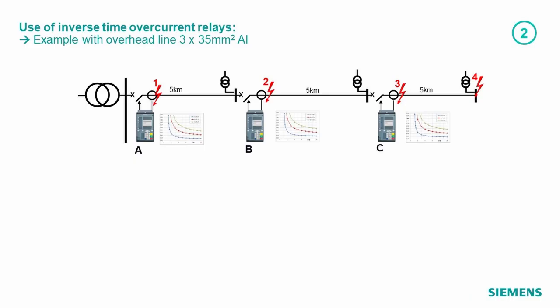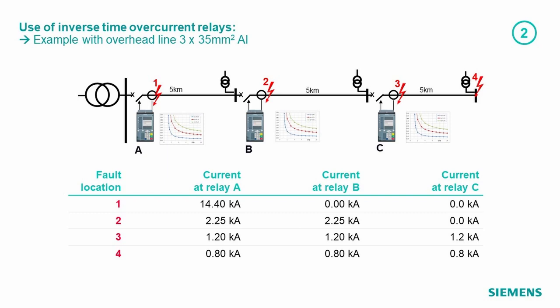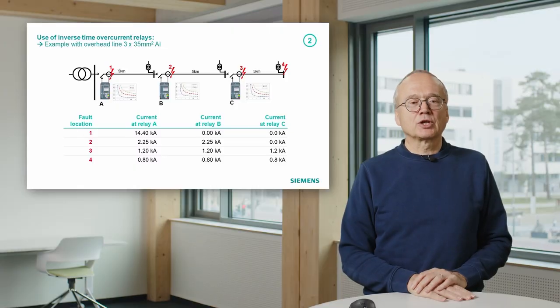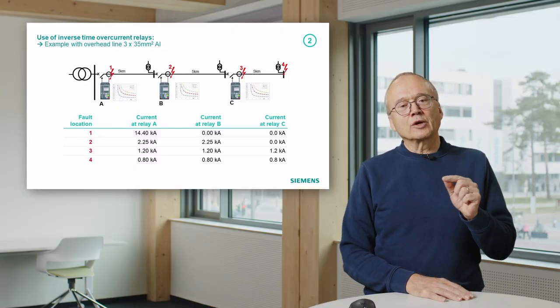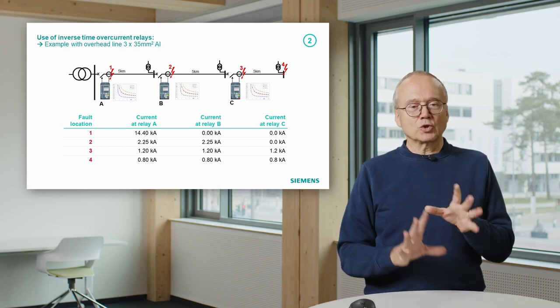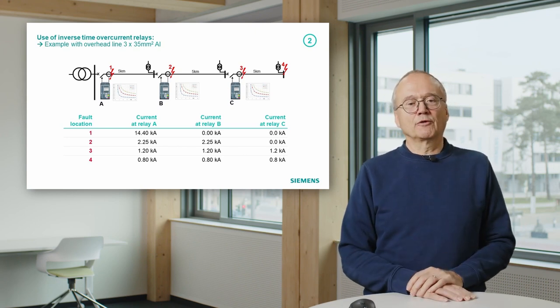You see here again a feeder, in this case with 3 overhead lines. In this case it is really overhead lines. I did a calculation with 5 kilometer, pretty weak overhead line. And again here I did a short circuit calculation. That means for the 4 different fault locations in this picture, I calculated the short circuit currents for all relays. You see, you end up in a sort of a matrix.